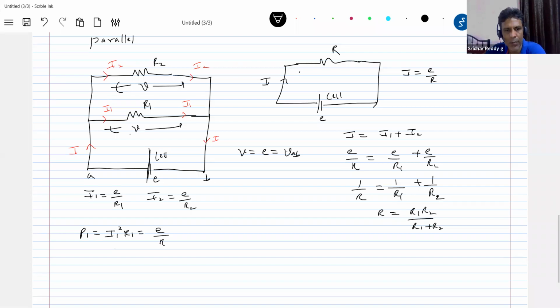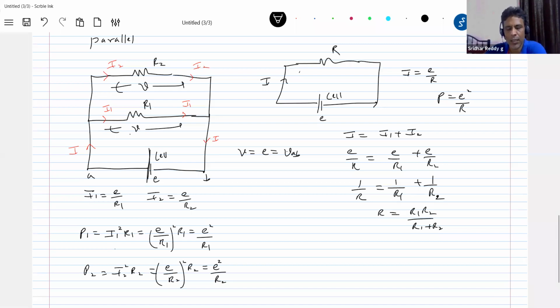I1 will be E by R1, whole square, into R1, or E square by R1. What is the total power dissipated here? It should be equal to E square by R.